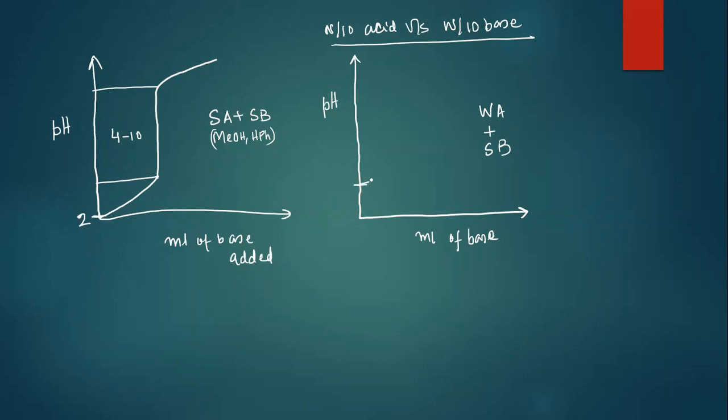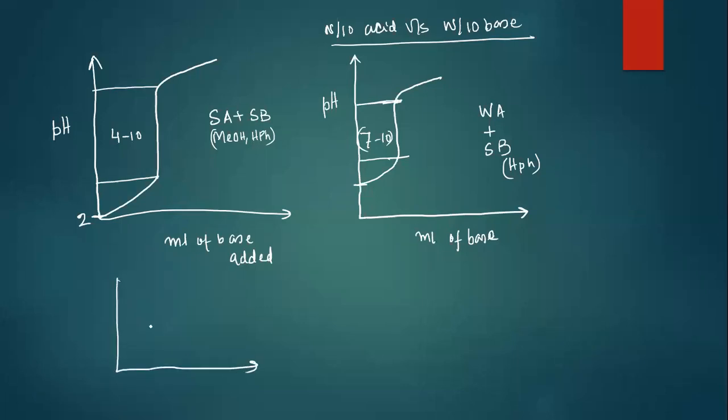After that it increases as base is added, then a sharp change again, and then this way. Here the sharp change occurs generally between 7 and 10. So in this case the equivalence point is shown by phenolphthalein.